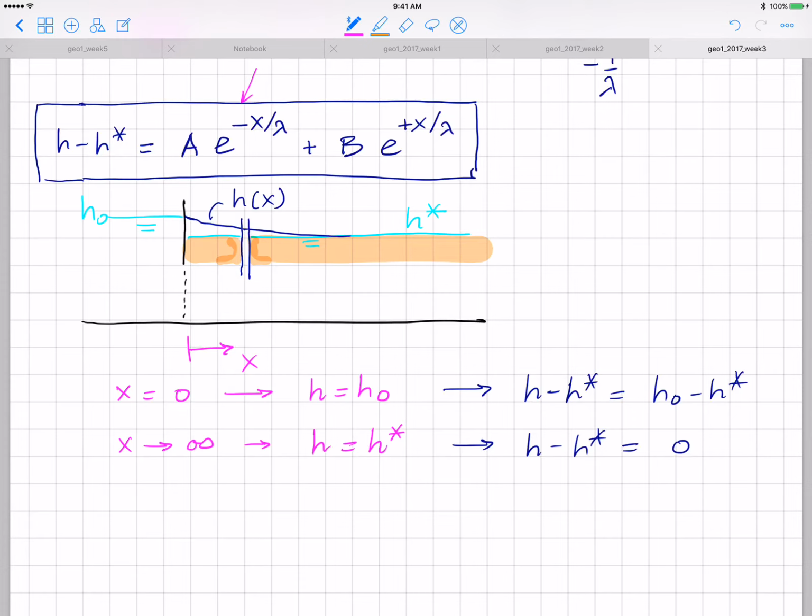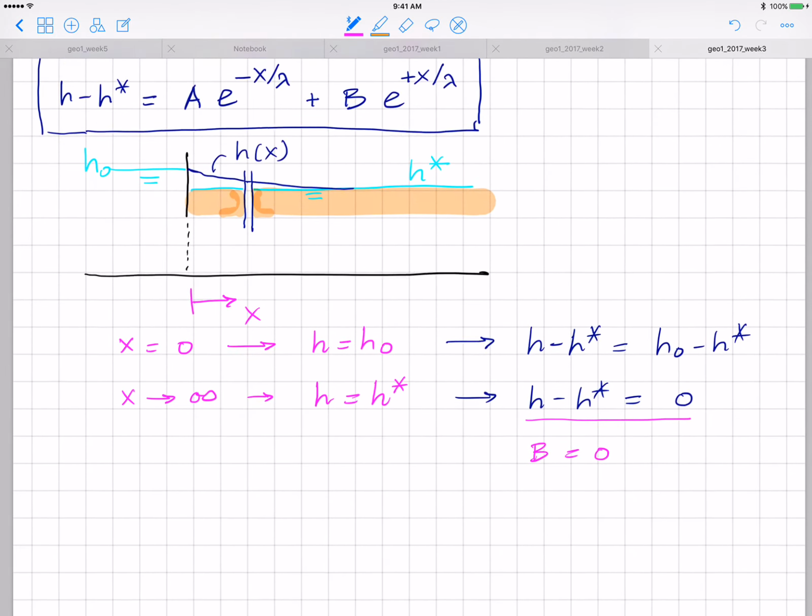The second term, if x approaches infinity, we get e to the power infinity. That becomes infinitely large. Yet we want H minus H star to be 0. And the only way we can do that is when B is equal to 0.